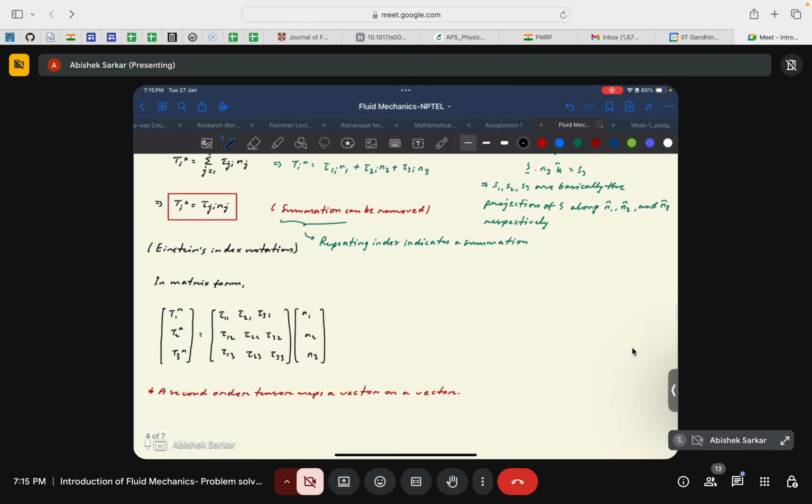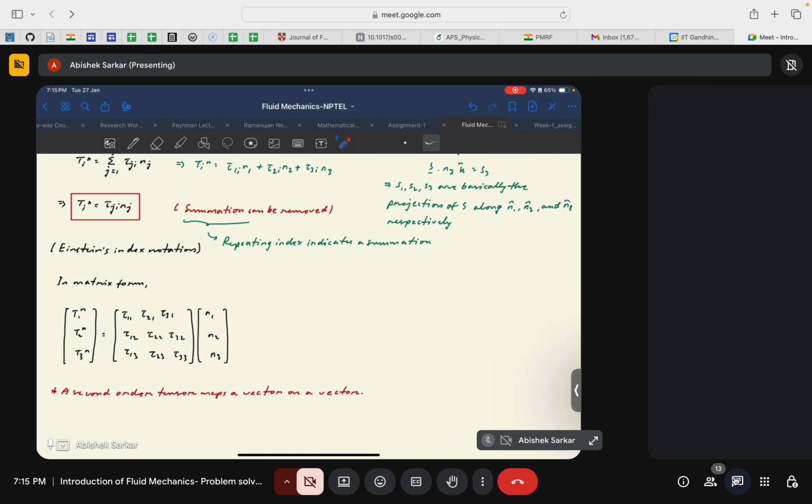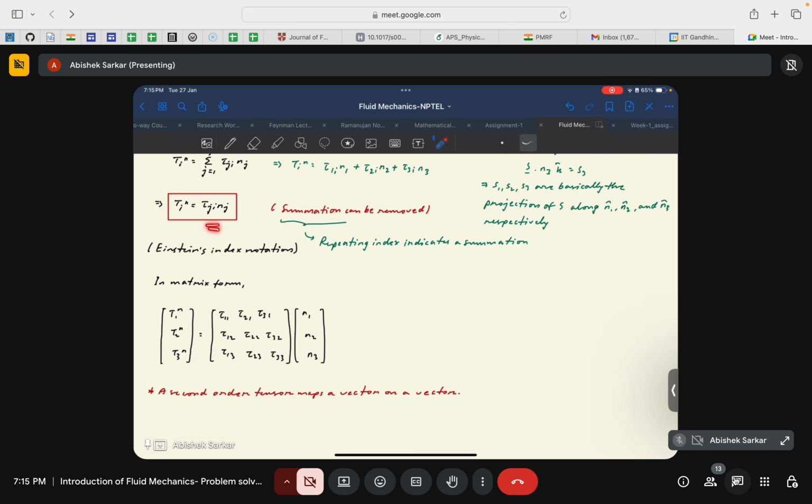So this product, if you dissociate it and represent it in matrix form, will give you a 3 cross 3 matrix, so you can understand it as a matrix multiplication.